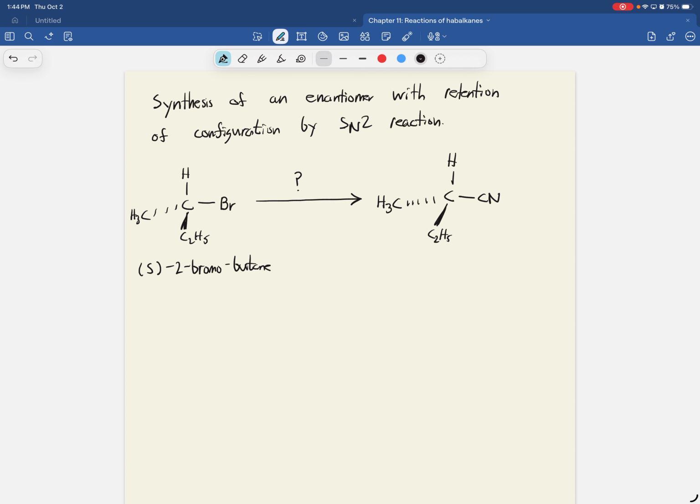So the way you do this is that you somehow have to do two SN2 reactions, okay? So we noticed before that if there's a bromine on there or there's an iodine on there, they tend to do the SN2 reaction. So we'll need to make a product first that has a good leaving group.